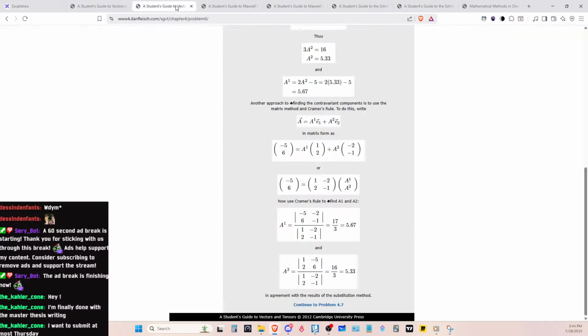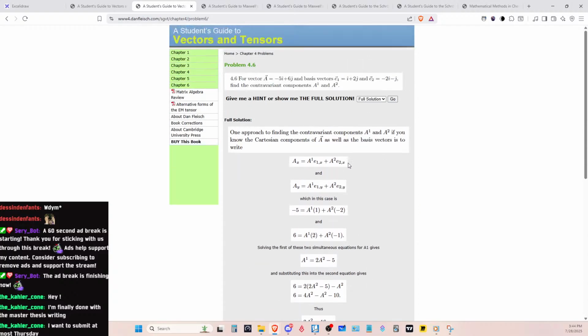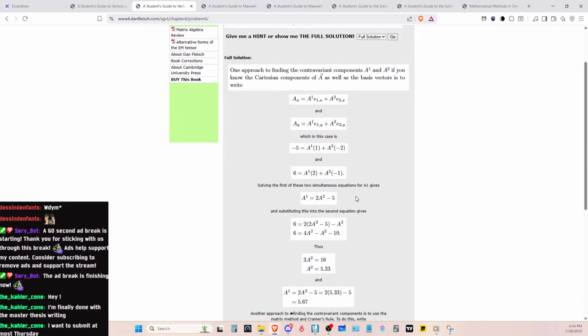Let's see, what did they do in this one? So they made it into separate linear equations.